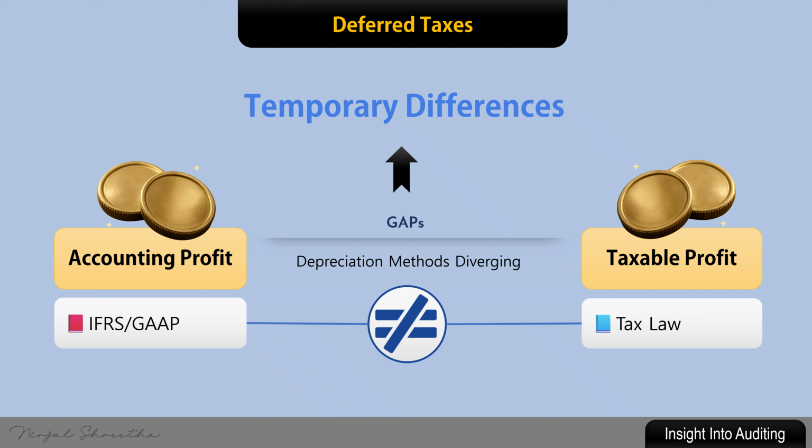These are temporary differences, they reverse over time. There are many other items that create temporary differences as well, such as revenue recognition, expense recognition, repair and maintenance, research and development, and so on.